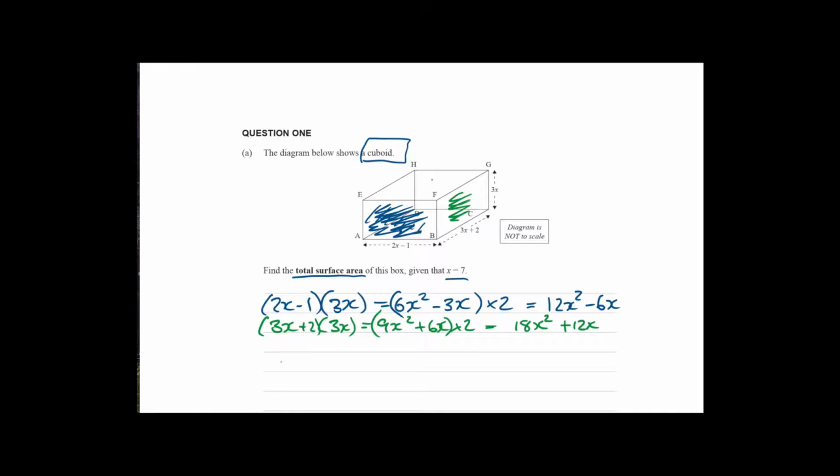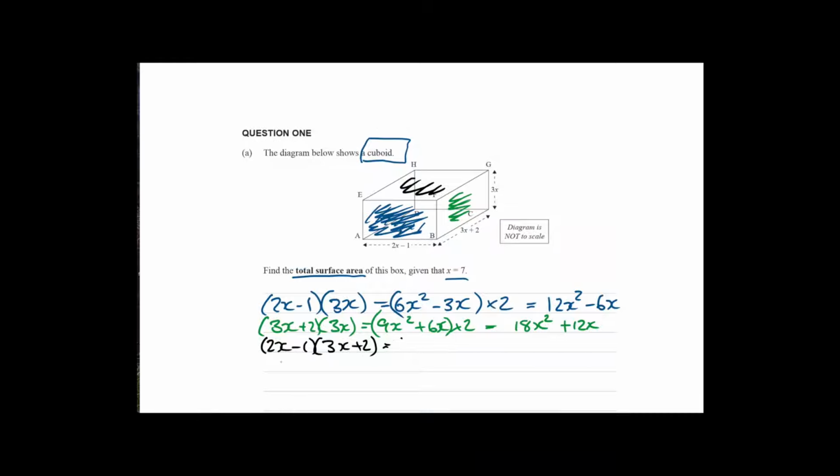So this one is going to be the top, and of course the bottom. So this is going to be 2x minus 1 times 3x plus 2, and then we're going to need to multiply that by 2 again.